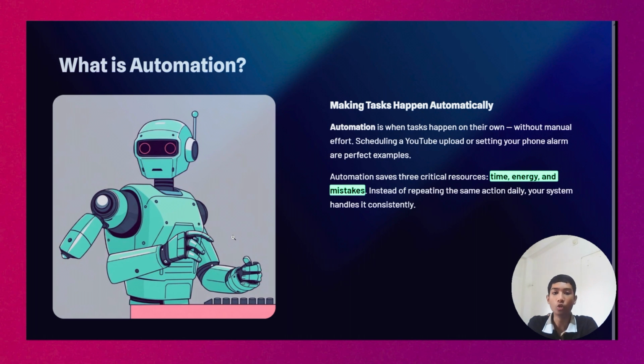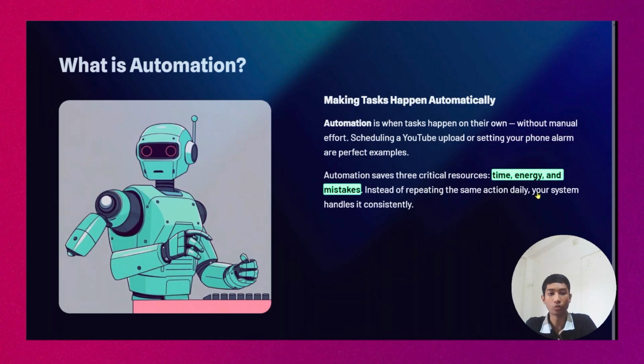Scheduling a YouTube upload or setting your phone alarm are perfect examples. Automation saves three critical resources: time, energy, and mistakes. Instead of repeating the same actions daily, your system handles it consistently.